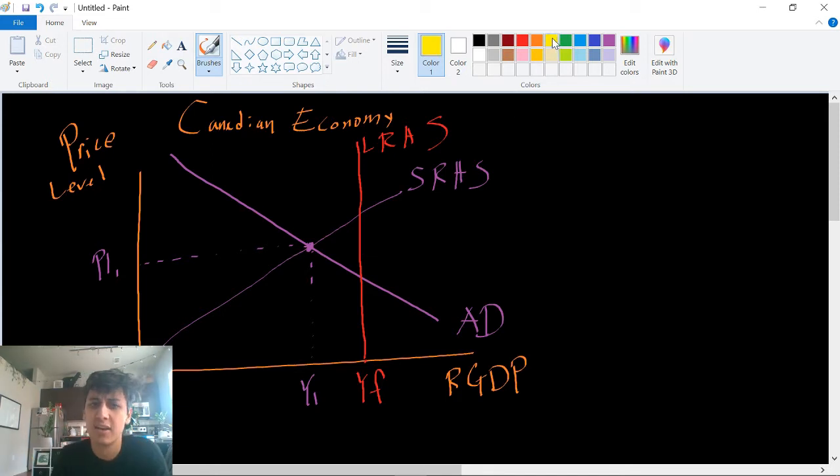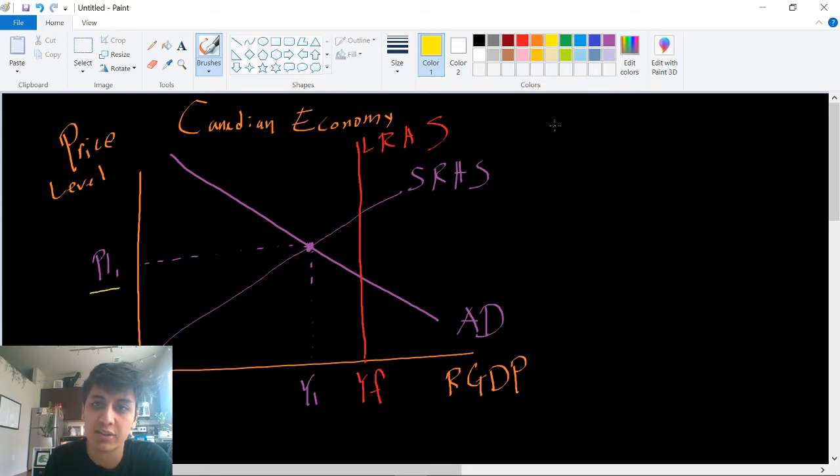And it's asking us, why would the market correct itself? And there's a couple of reasons within this graph that could lead to a chain of events that could change this short-run aggregate supply. And it's all based around prices, right? Prices and wages.